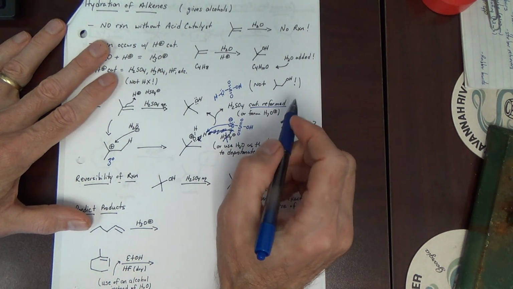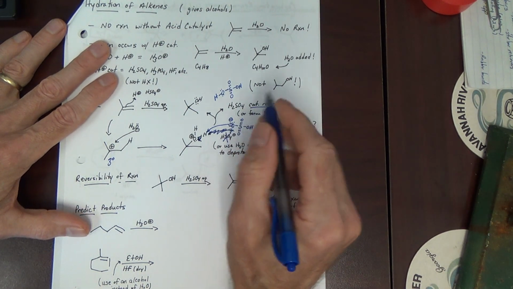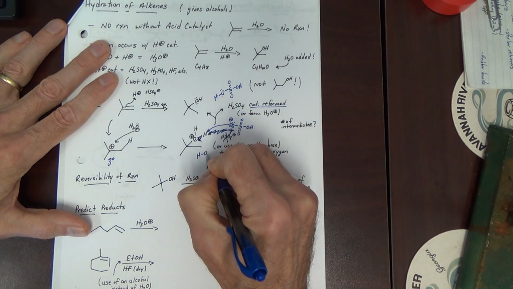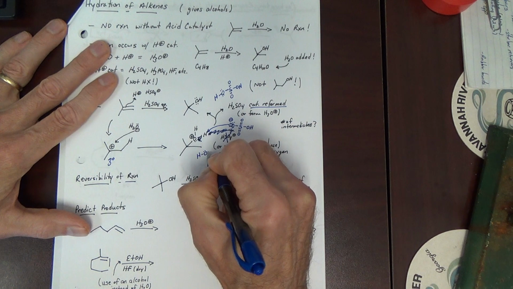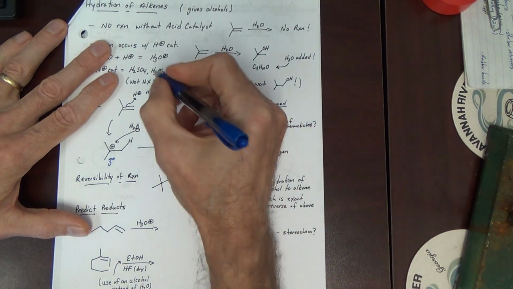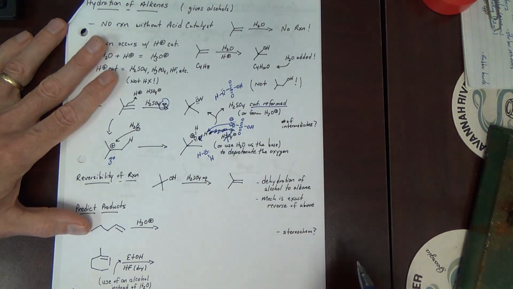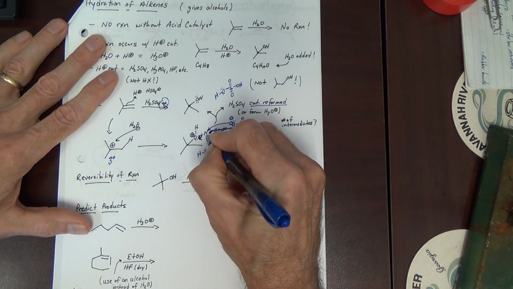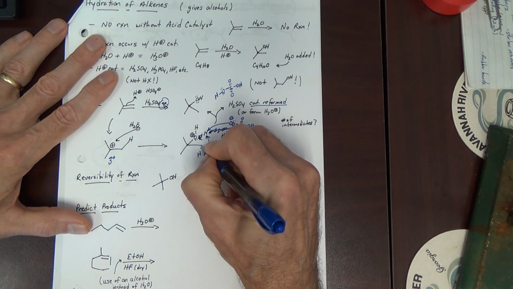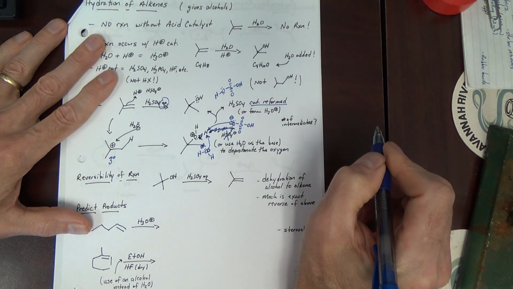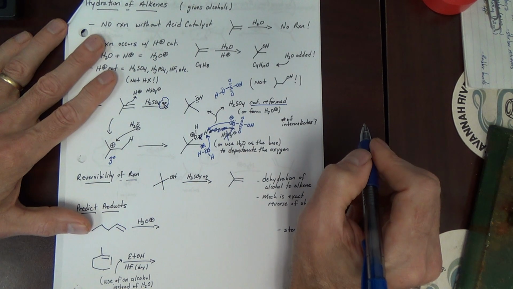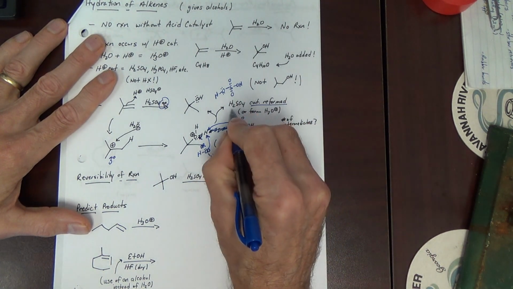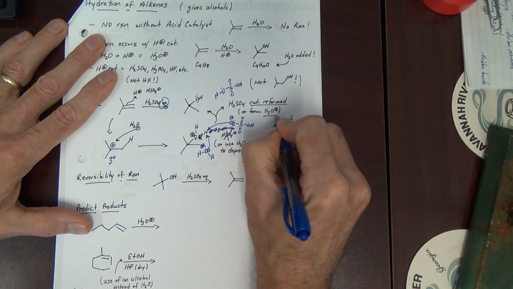Now, you could instead use water to take the H, because this is an aqueous acid, okay? Water is here. If we use water, these electrons take the H. We would form, instead of H2SO4 forming, H3O+.